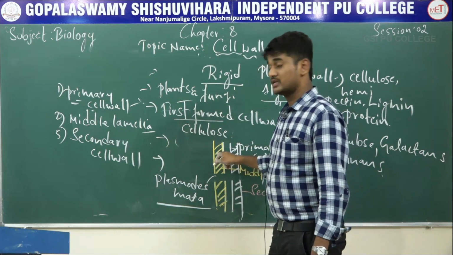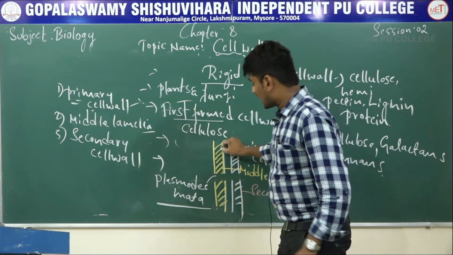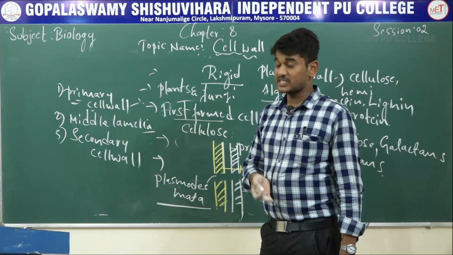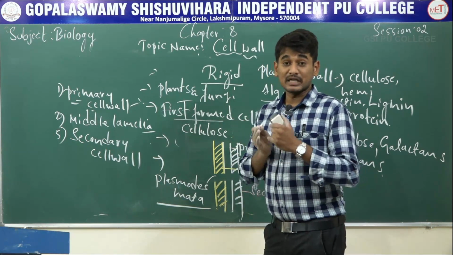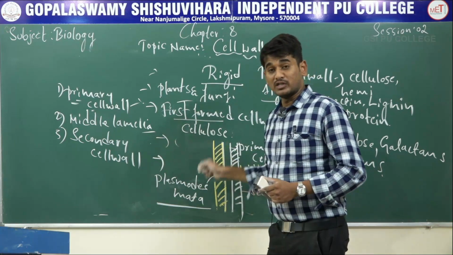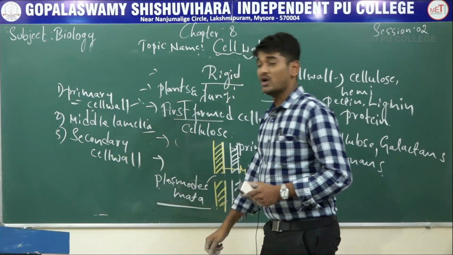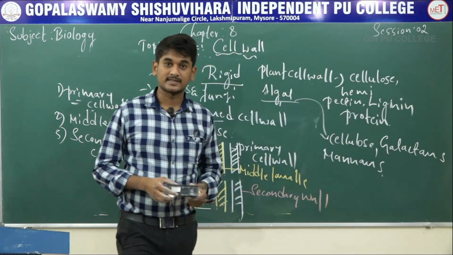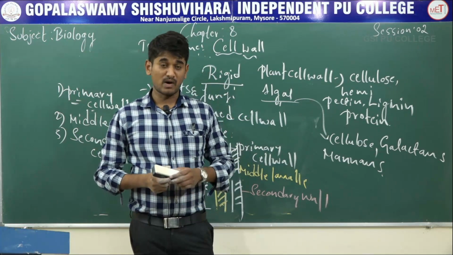That middle lamella is made up of calcium pectate and magnesium pectate, and acts as glue between the two cells. And the cell wall and middle lamella are traversed by plasmodesmata, which connect the cytoplasm of neighboring cells.